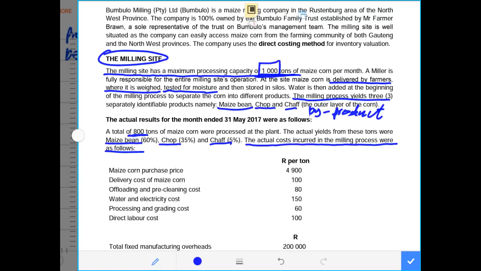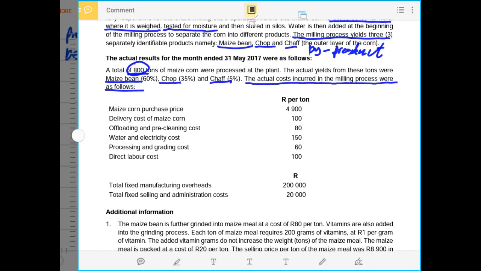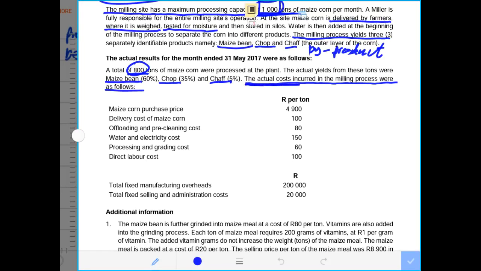So now I just want to bring you clarity. Why do we not multiply by 1,000, but we only multiply by 800? Because 800 is the actual processed maize corn, but 1,000 is what they can process, the maximum capacity. So that means they are not operating at full capacity, but they are operating at 80% capacity, which is another topic. So now we proceed to say the actual costs that were incurred.